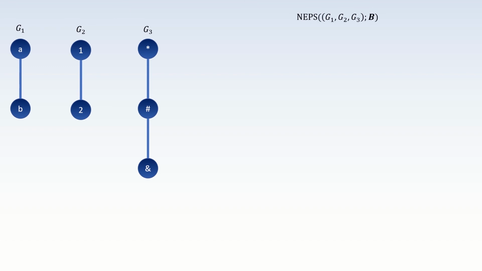What is the NEPS of G1, G2, G3 with basis 001, 010, 101? Note that this is the same basis we used previously as well. First, find the vertex set. That would be the Cartesian product of the vertex sets of our input graphs in their given order.